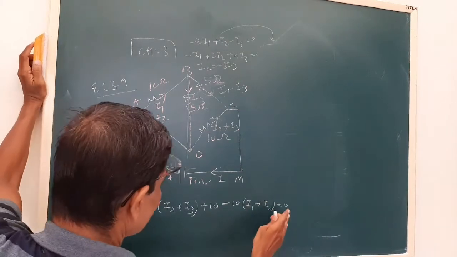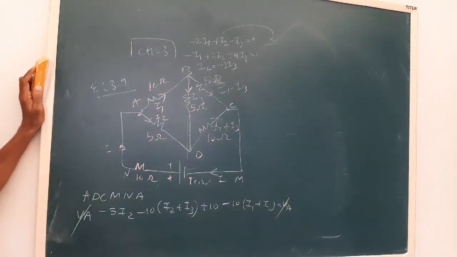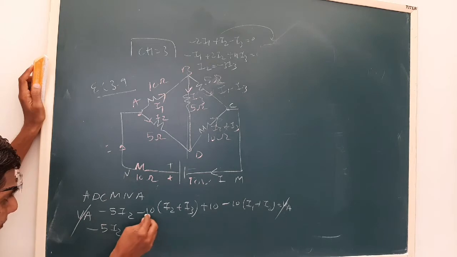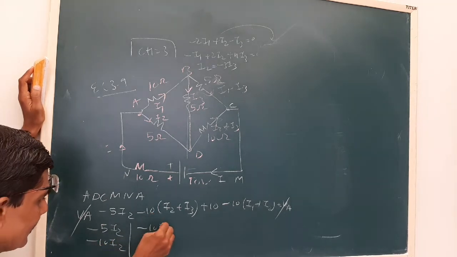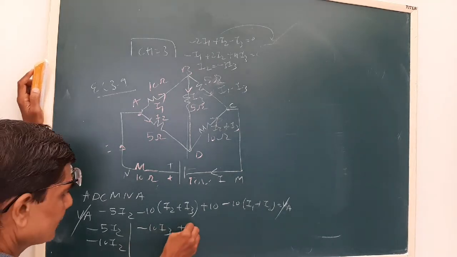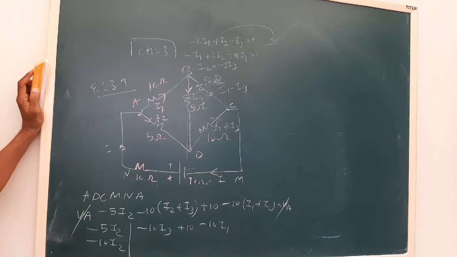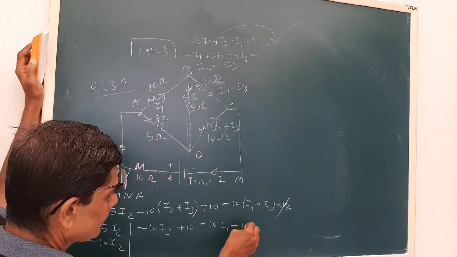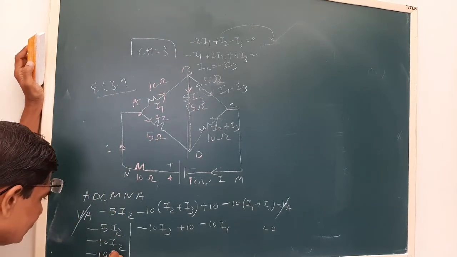And we come back to the point A, that is VA. Now we simplify: minus 5I2 minus 10I2 minus 10I3 plus 10 minus 10I1 minus 10I2 is 0.